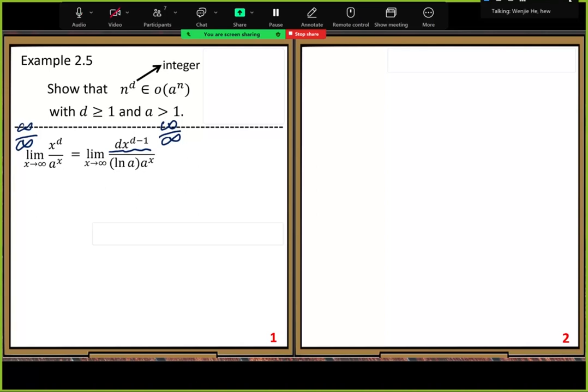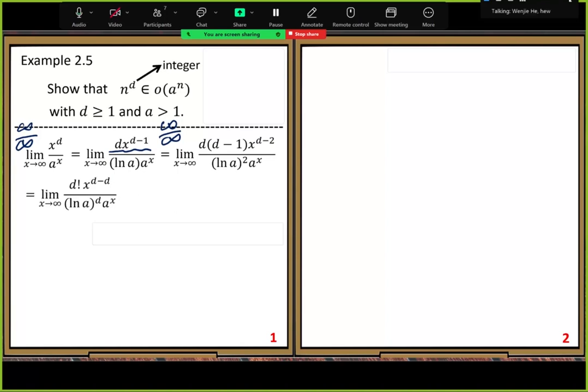Taking the derivative of the numerator, we get this expression. For this expression, if d is greater than 2, it's still an indeterminate form. If it's an indeterminate form, we keep applying L'Hopital's rule, again and again.